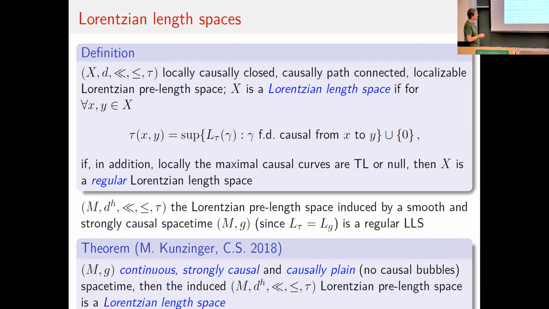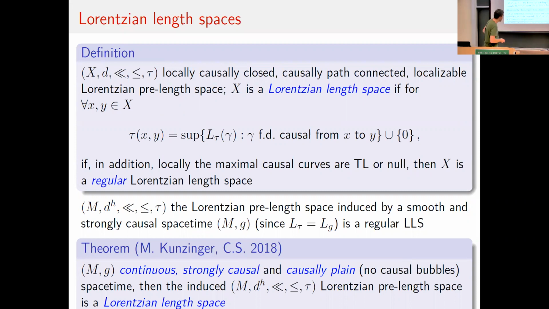And it's causally plain, meaning that there are no causal bubbles. This was the phenomenon found by Chruściel and Grant for Hölder continuous metrics. Then the Lorentzian pre-length space is actually a Lorentzian length space for the continuous metric. It might not be regular because the causal maximizers need not have a causal character, but it's still intrinsic in this sense.